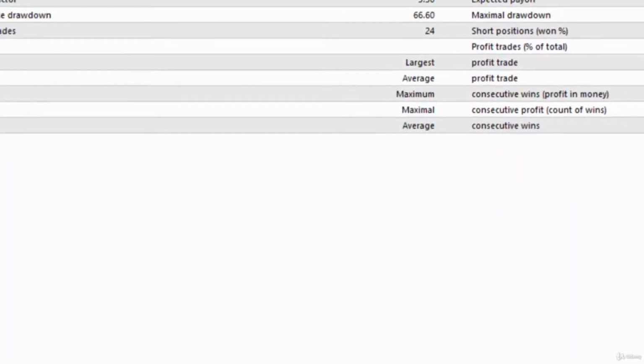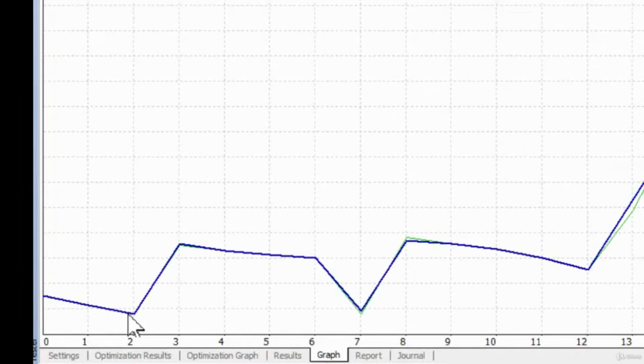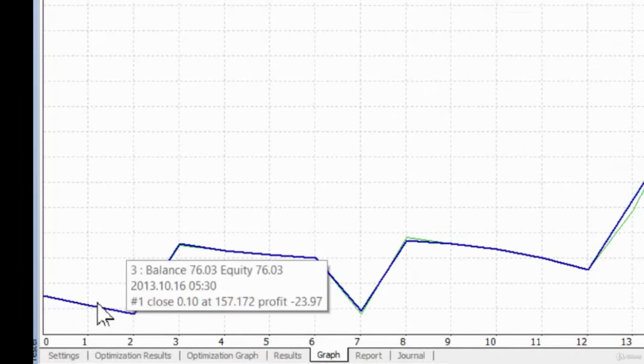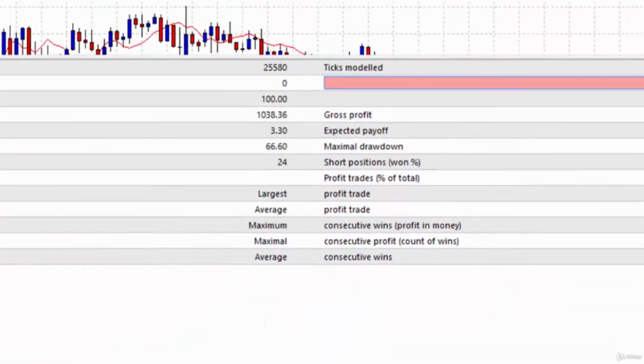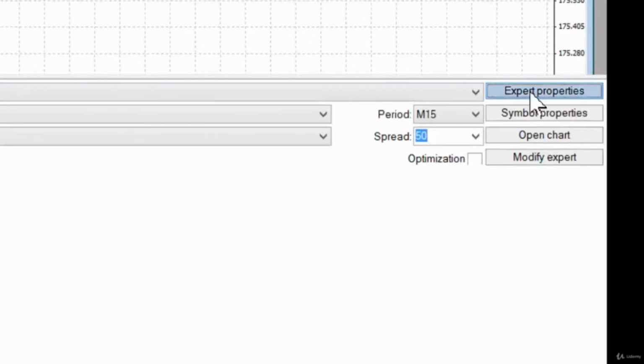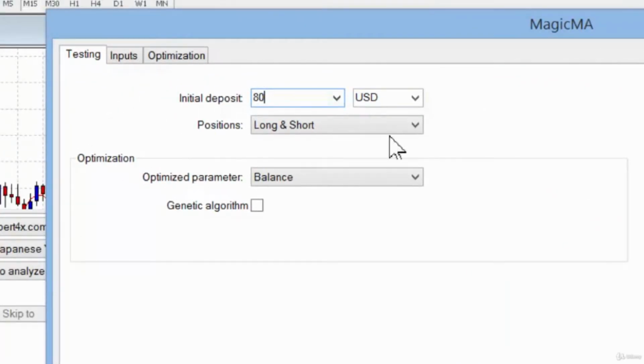Now the reason might be that the first transaction was in fact a loss. So it just shows you the limited drawdown in this particular system. I don't even know if I want to go lower than 100. I'm starting to feel uncomfortable about that, but let's keep on going. Let's go down to 80.